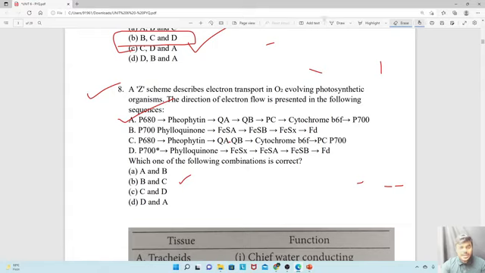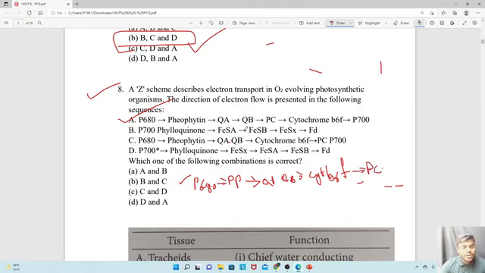First P680 followed by pheophytin, then quinone A, quinone B, immediately cytochrome B6F, last one is the plastocyanin. In option A, P680 correct, pheophytin correct, quinone A, quinone B correct, but this is wrong. After the cytochrome B6F, plastocyanin will come. Hence option A is wrong.